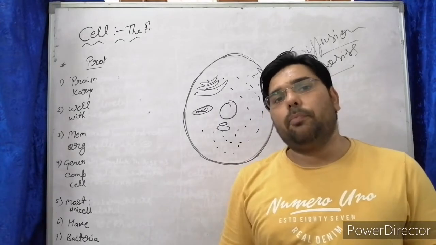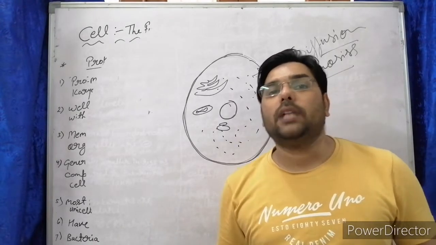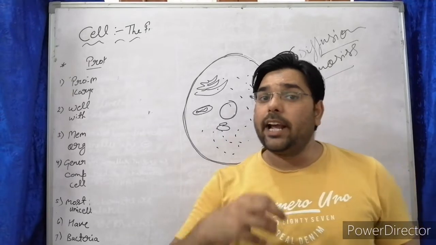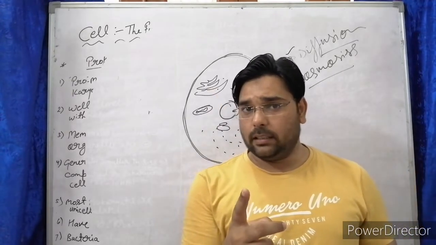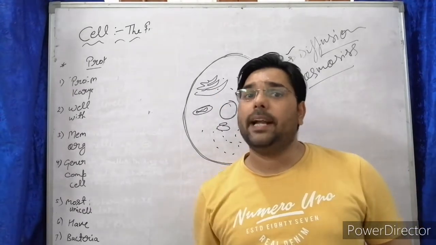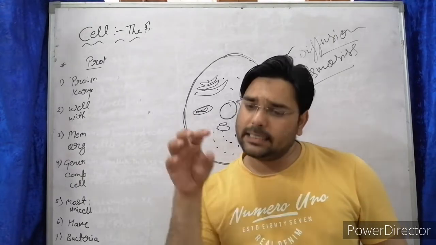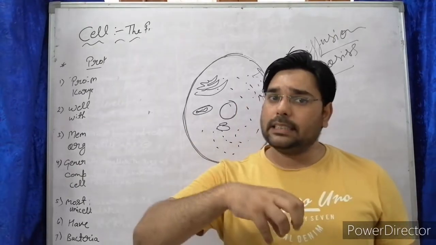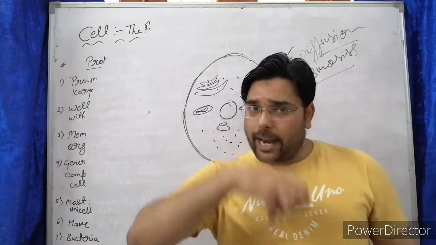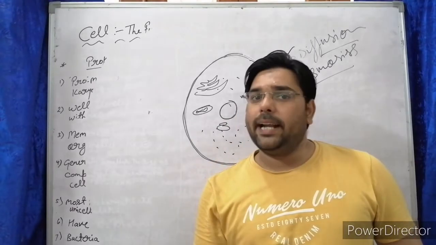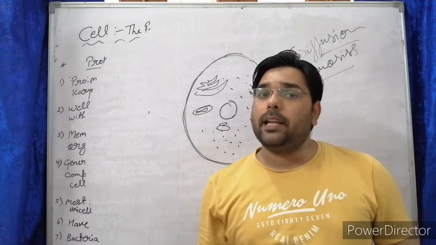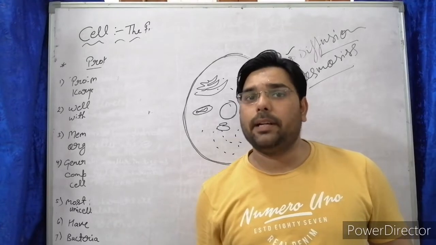Okay, so the movement of substance according to the concentration gradient. Air has 21% oxygen as compared to our blood capillary. In our blood capillary there is less oxygen, so oxygen diffuses from the alveolar sac to the blood capillary, and the blood capillary has a maximum amount of carbon dioxide.